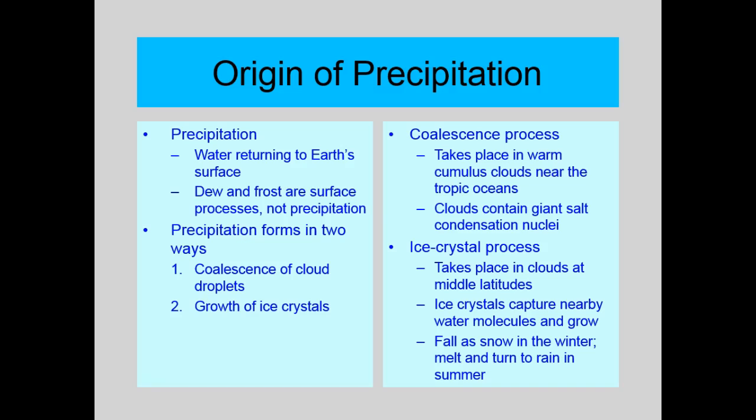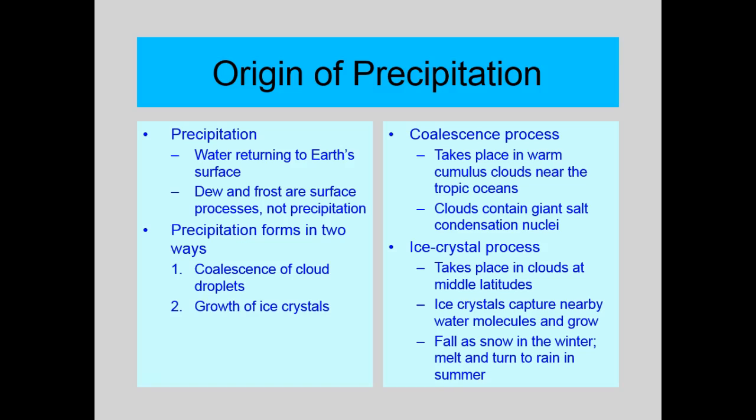So how does precipitation form? Okay, two ways. We talked about the clouds. They contain oodles of little droplets of water, but very tiny droplets of water, not heavy enough to fall yet. That's what gives them the whitish or the blackish color. All those droplets are blocking or reflecting light.